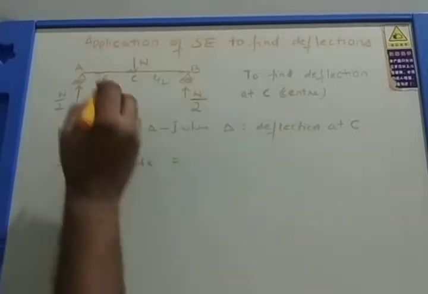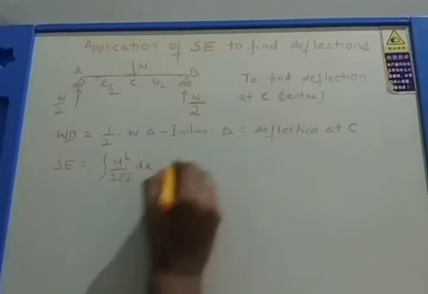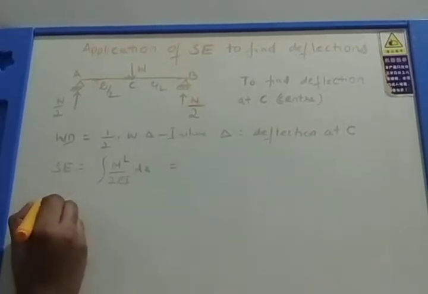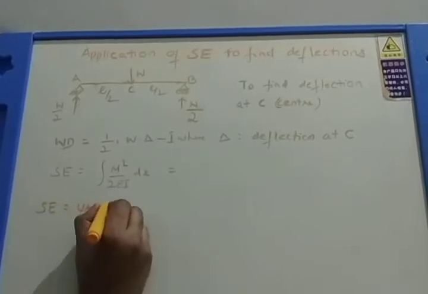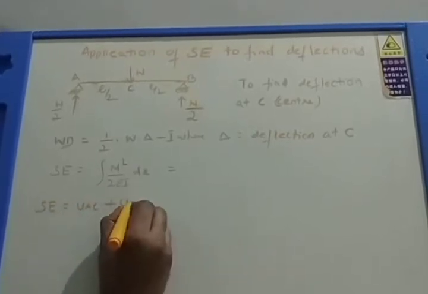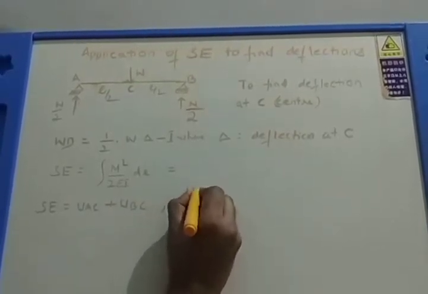Now we have two zones, AC and CB. So that is why strain energy will be equal to UAC plus UBC. Now let us find out what is UAC.